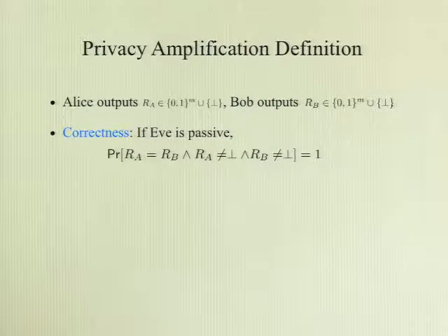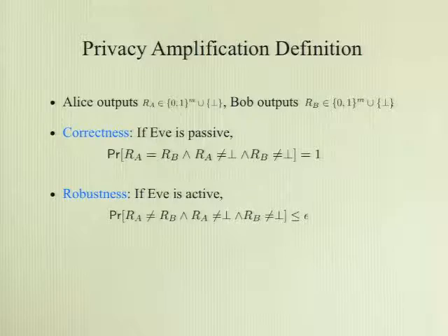For the privacy amplification protocol, we require the protocol to have three properties. The first is called correctness. This is simple: if the adversary is passive, then with probability 1, the two outputs of the two parties are the same, and they are not equal to the rejection symbol.